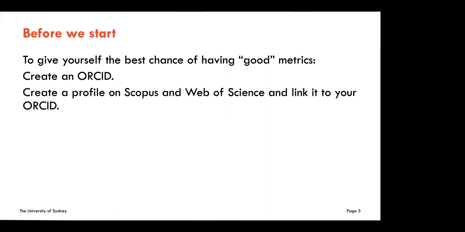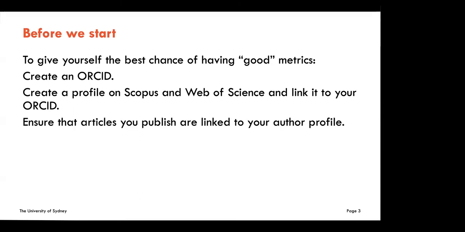And then you want to link that to your Scopus profile and your Web of Science profile. When you've got those 2 things set up, you can curate your author profile. Any papers that get published get connected to your Scopus ID and your Web of Science ID, and if they're connected to your ORCID ID, everything is in a central location and correctly attributed to you.